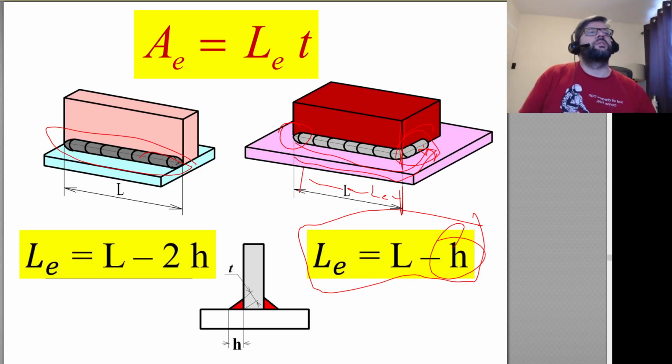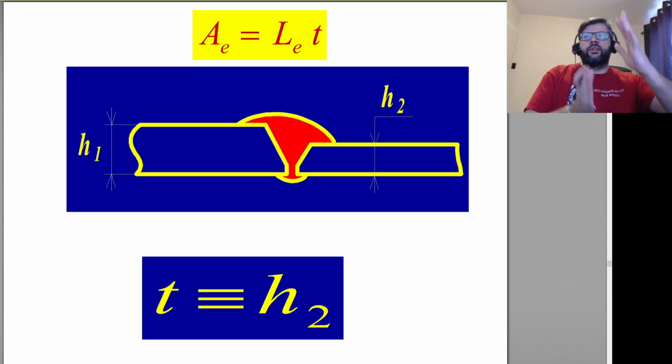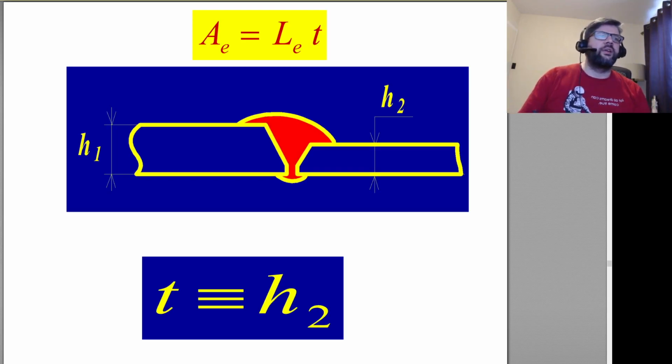Butt welds. With butt welds, we don't get the effect where there's a worst case scenario with the shear at a particular angle. It's all just metal. It's all going to be contiguous metal in between, and the loadings are relatively simple.